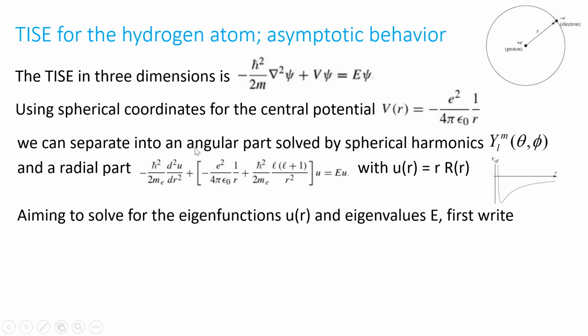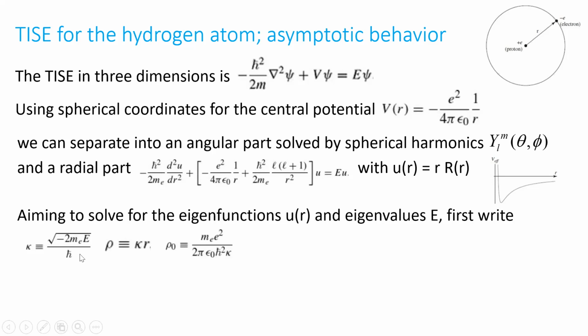So we're aiming to solve for the eigenfunctions u of r and the eigenvalues E, that is, the allowed energies for the hydrogen atom. So we first clean up this equation even a little bit more than we have already. We express the energy as, now remember the energies are negative because these are bound states. The electron is bound to the proton.